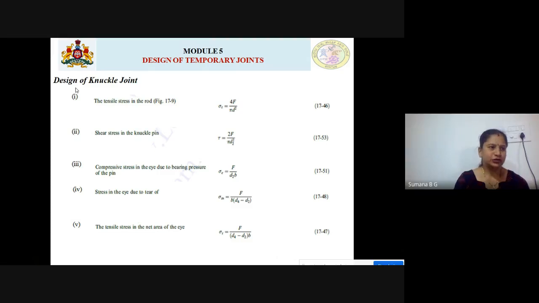Equation 17.46 defines the tensile stress in the rod. Equation 17.53 defines shear stress in the knuckle pin. Equation 17.51, compressive stress in the eye due to bearing pressure of the pin. Equation 17.48, shear stress in the eye.